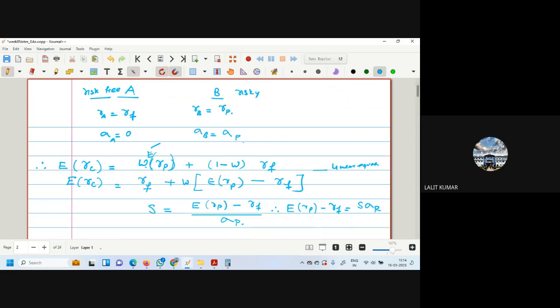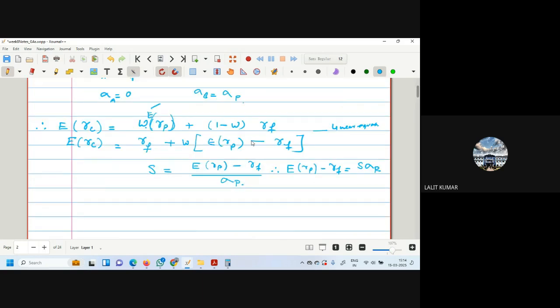Is this okay? Now you use this in the formula: ERC is equal to RF plus W into ERP minus RF, which can be changed to S sigma P. So this will become W into S into sigma P. This is one equation.